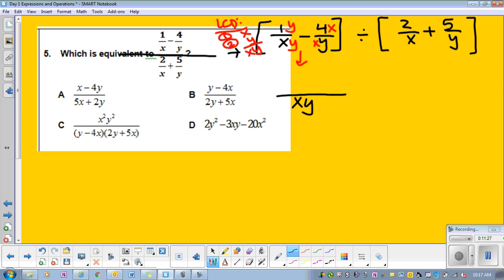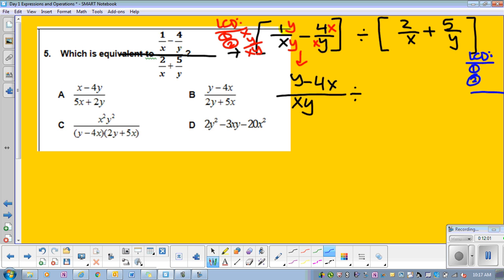Up on top, we have y minus 4x. Tough problem, I know. Divided by, let's do the next one. Find the LCD because their denominators are not the same.